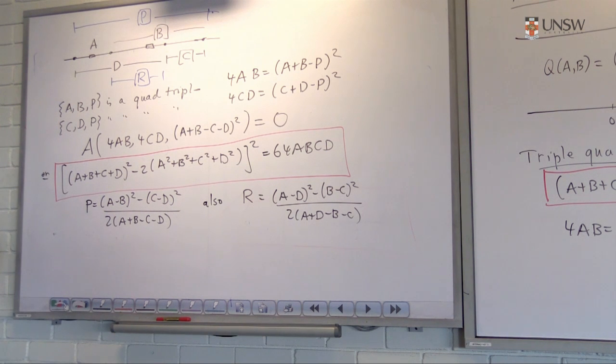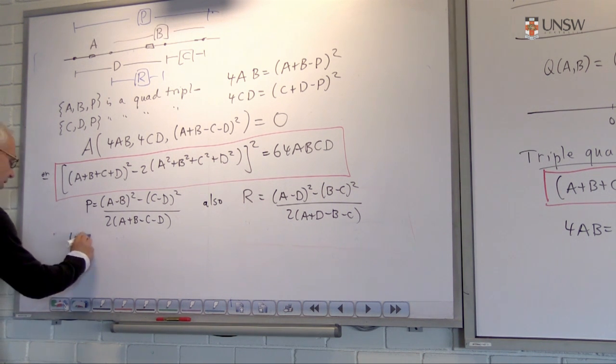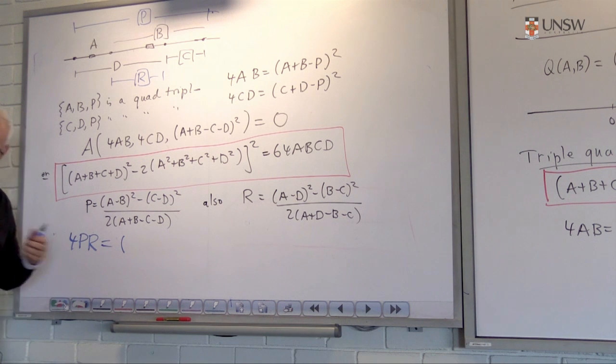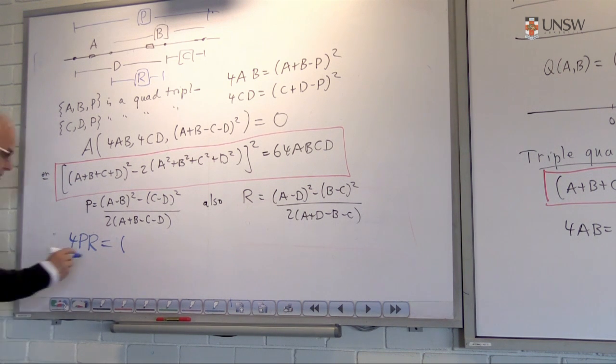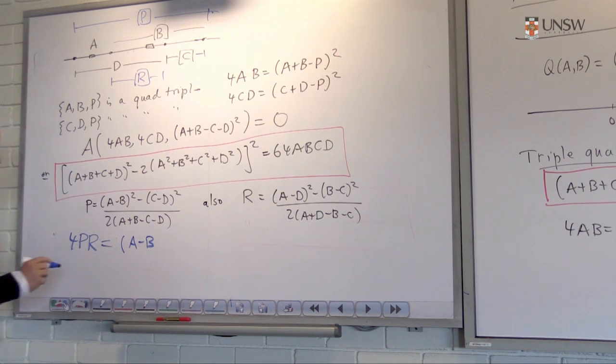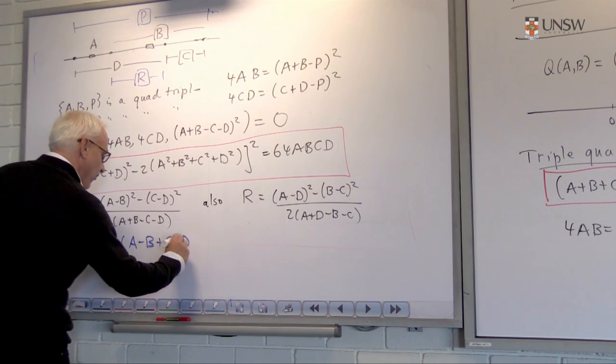Okay, so there's a few now kind of remarkable consequences here. So one of them is that for PR, if you take this expression and take that expression and you stare at it, or preferably apply your computer to it, you can see that you get a minus b plus c minus d all squared.